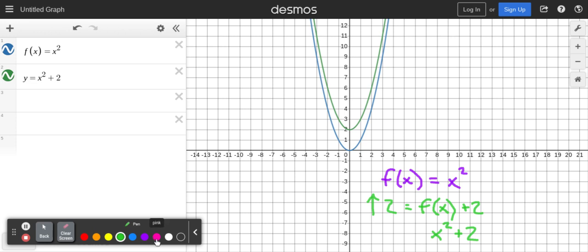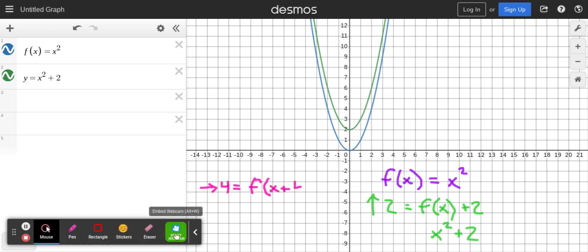Now let's say we want to move it to the right by 4 or something like that. If we want to move it to the right by 4, we're going to have f of x minus 4. Shouldn't be plus, should be minus.